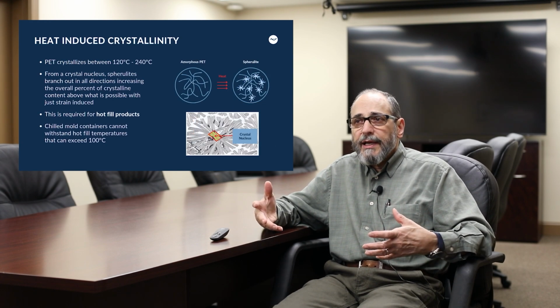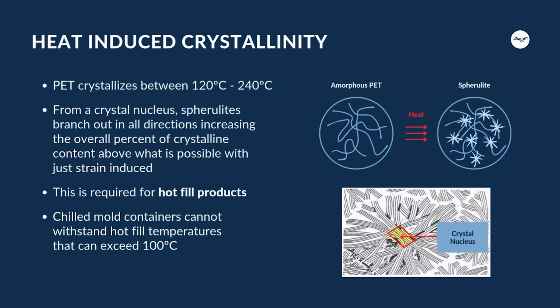On this slide, we're looking at amorphous PET, like a preform, where these molecules all have a structure to them, but it doesn't have a defined orientation. And it's showing the spherulites, the nuclei that will form the growing of this heat-induced crystalline structure. Again, this is for hot fill.